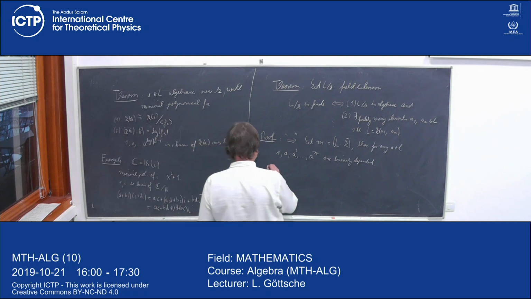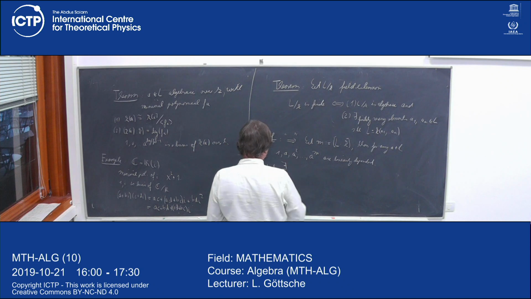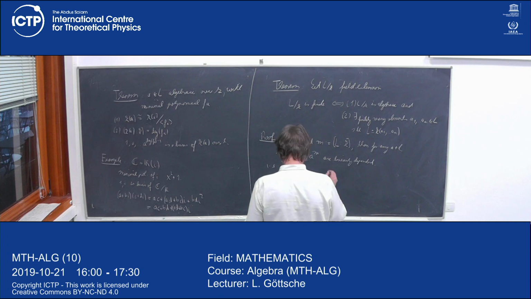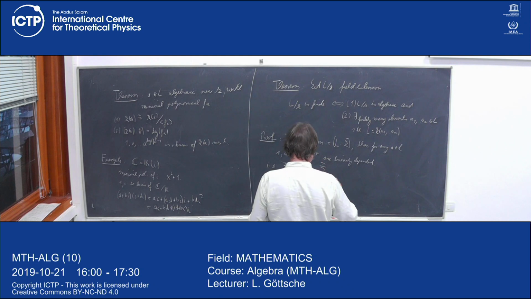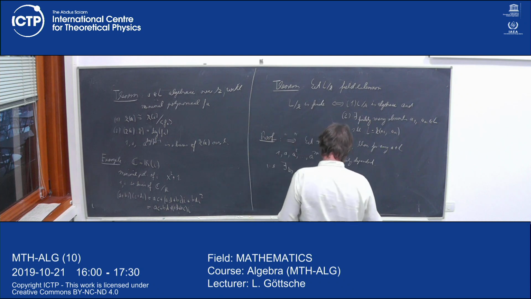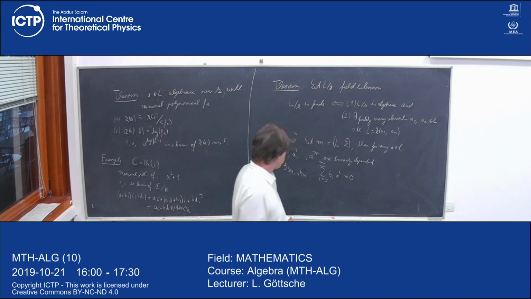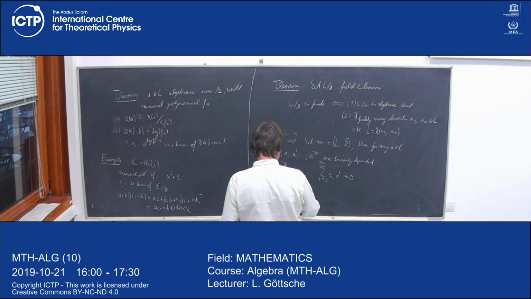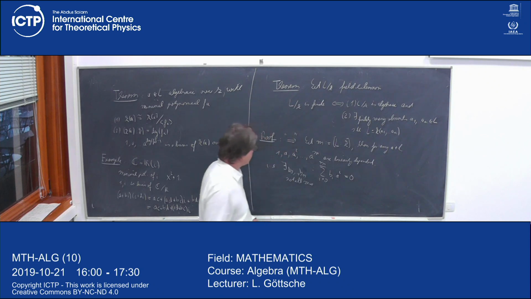So thus there exist some elements p0 to pm, not all 0, such that the sum over i from 0 to m of p_i a to the i is equal to 0.